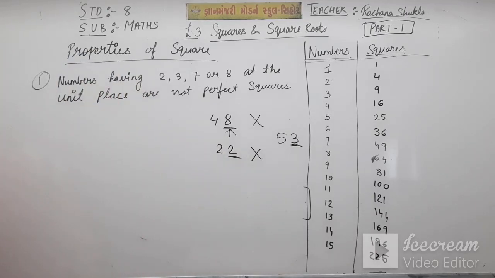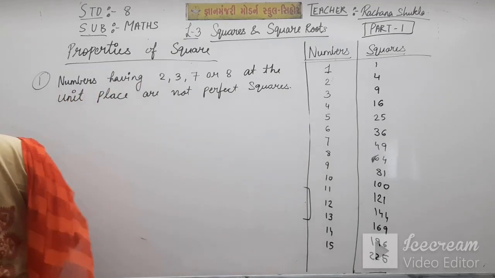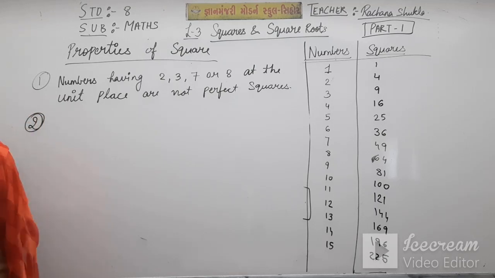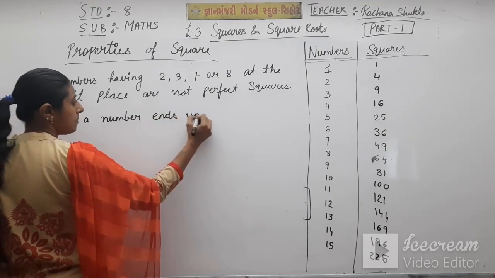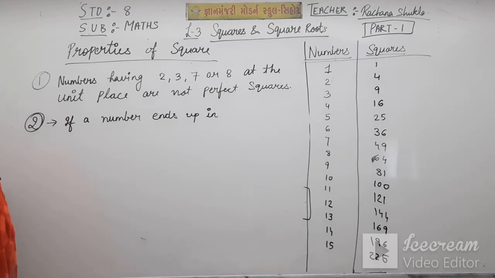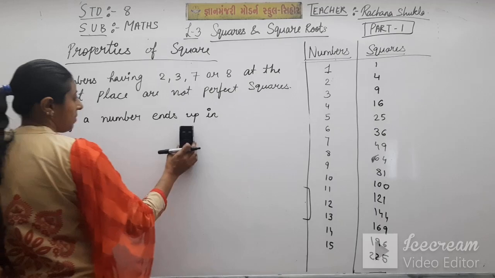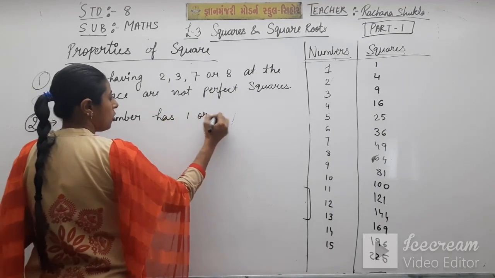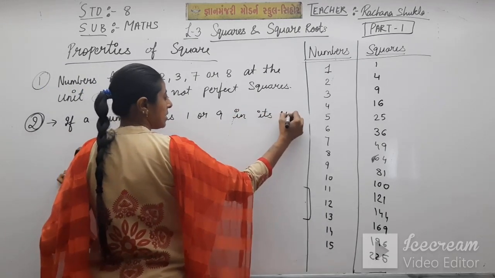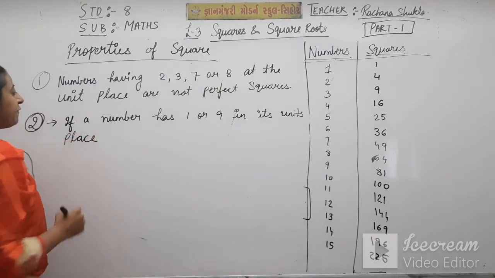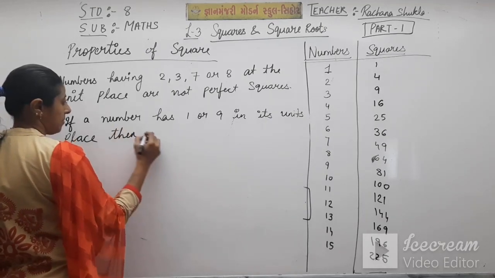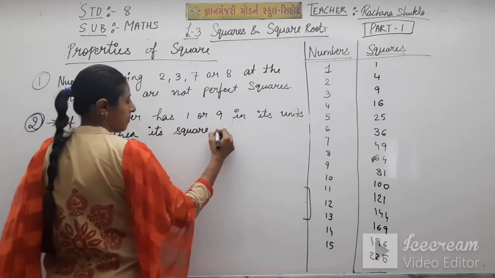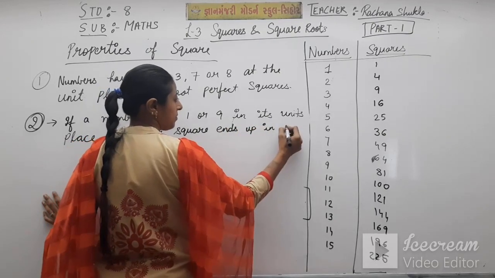Now let's see property number 2. Property 2: if a number has 1 or 9 in its units place, then its square ends up in 1.